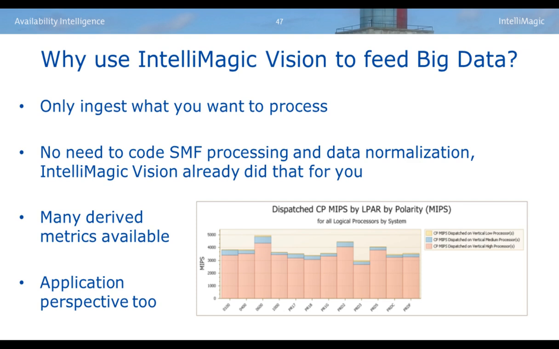So what are the benefits of using Vision to feed Splunk? Well, first of all, you can be very selective about what you process. Say if you want to process CICS data, you wouldn't process the individual transactions. We would do that in the Vision product, and you would get the summaries into the Splunk environment. There's less need to know about all the detailed metrics, and there's much less data going through the pipe, which is more efficient.